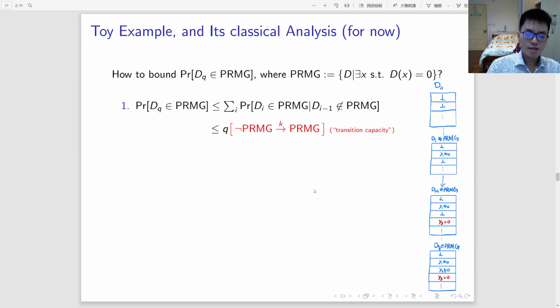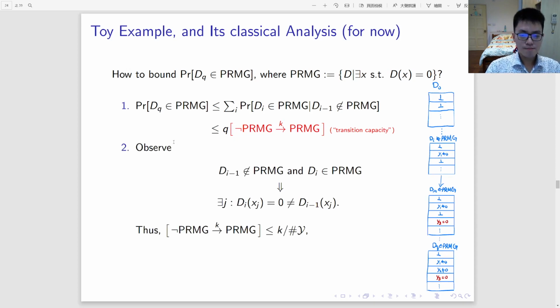So we can now bound the desired probability by the sum of the probability of the database transitioning from not having a 0 to having a 0. And we will denote this maximal probability in this bracket notation, which we call the transition capacity.